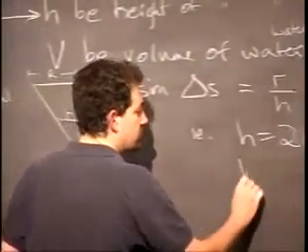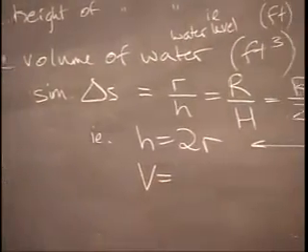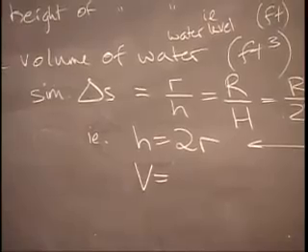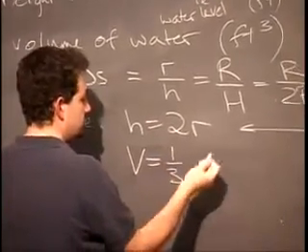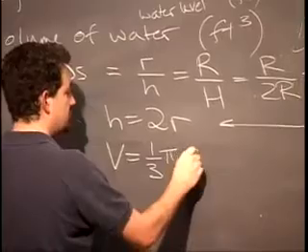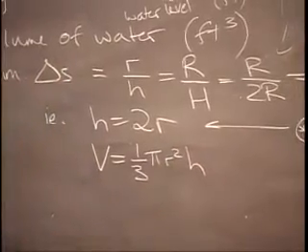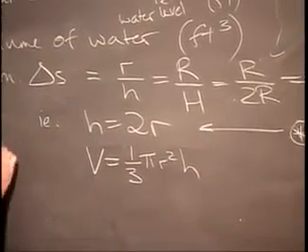We also need an equation involving the volume. And because it's a cone, we need to know the volume of a cone: V equals 1/3 pi r squared h. You need to know that volume of a cone formula.